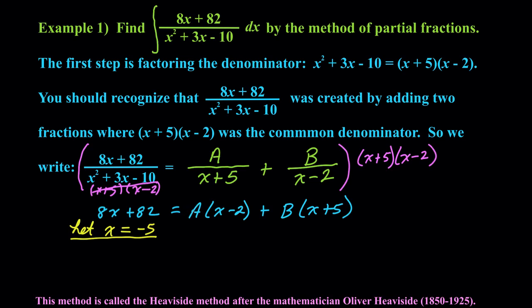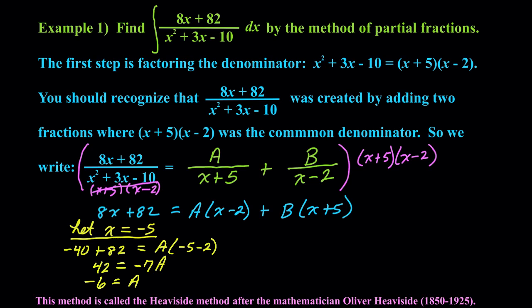So if x is negative 5, you get 8 times negative 5 is negative 40, plus 82 equals a times negative 5 minus 2. All right, so that's going to give us positive 42 equals negative 7a, giving us a is equal to negative 6.